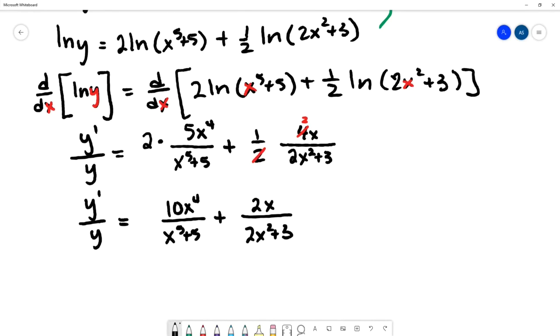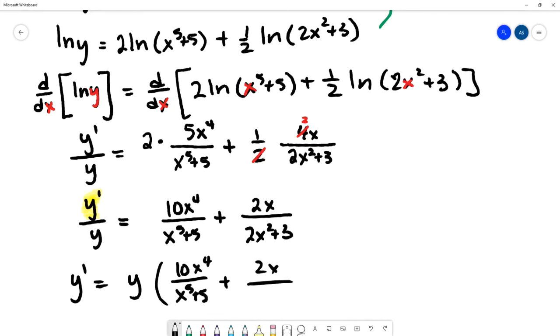Now I want to calculate the derivative, so I need to solve for y prime. So I have y prime equals y times 10x to the 4th over x to the 5th plus 5 plus 2x over 2x squared plus 3.